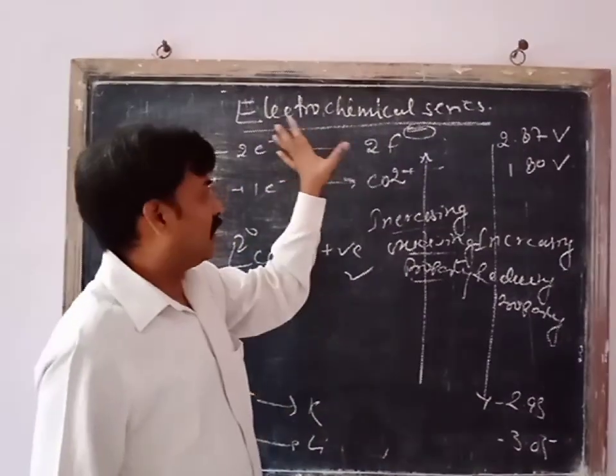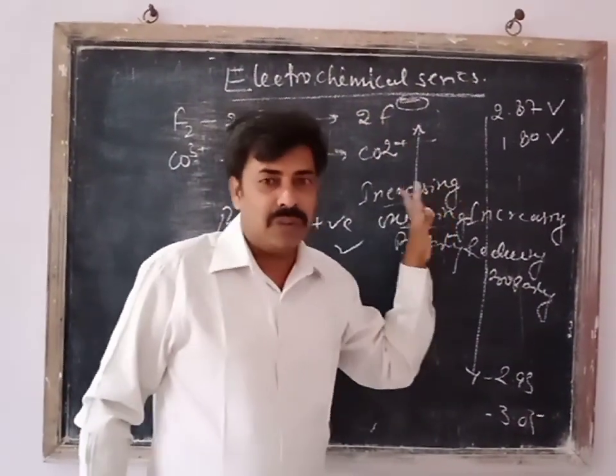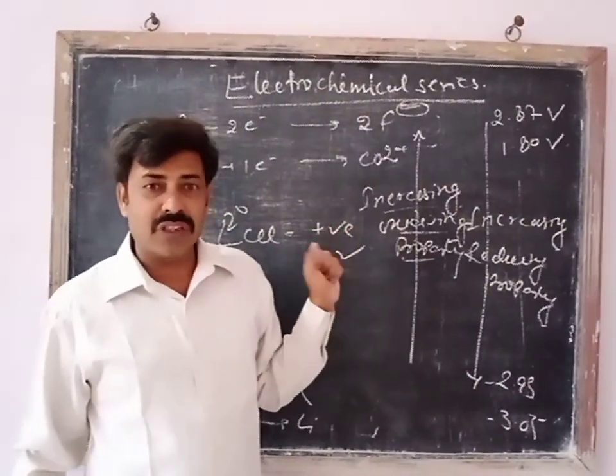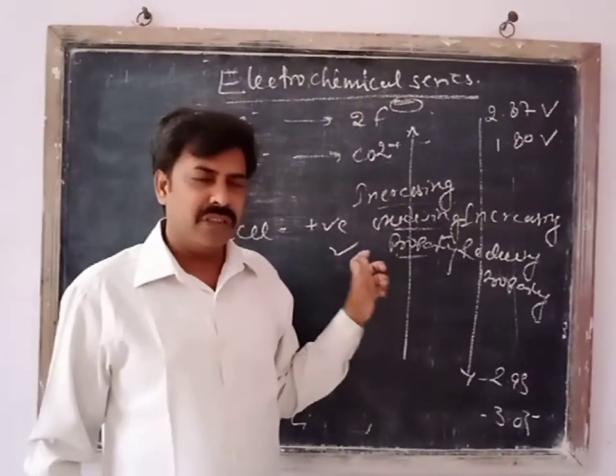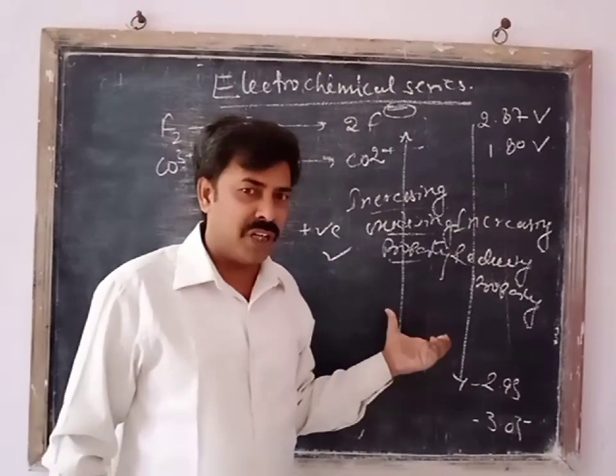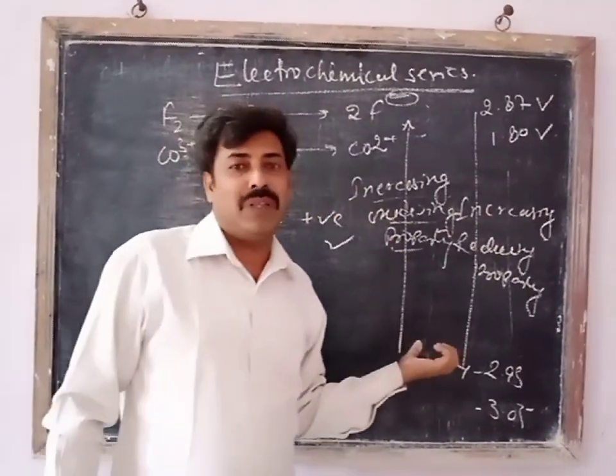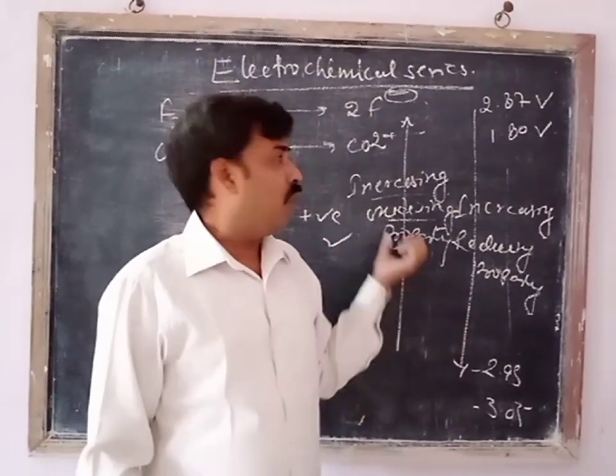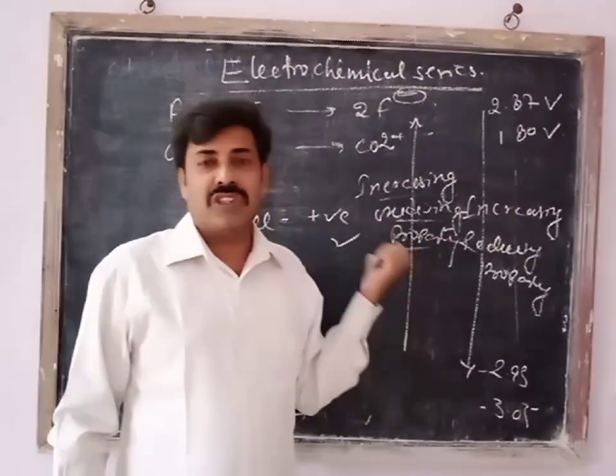But these are standard values, and a cell does not always survive in the standard condition. Sometimes it does, sometimes it does not. So these values hold only in the standard condition.